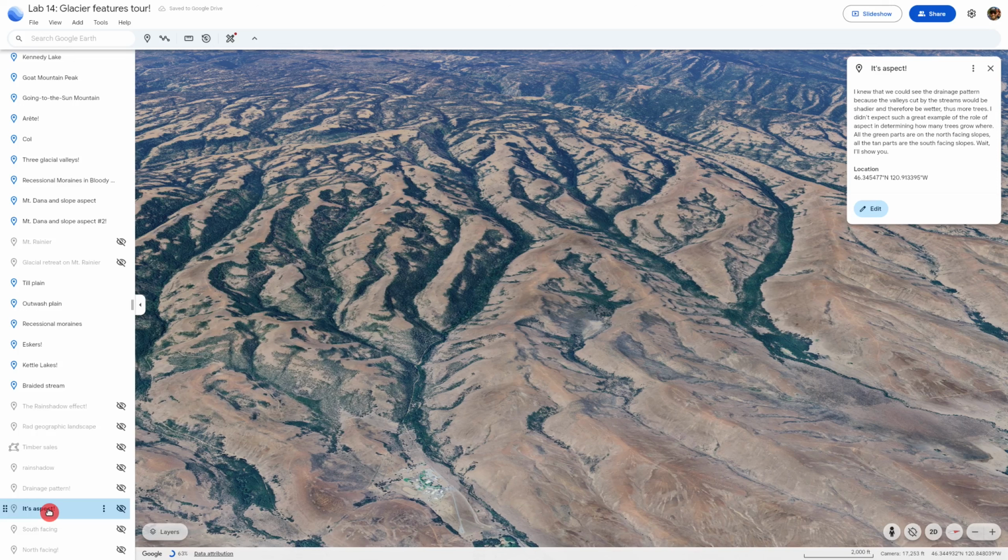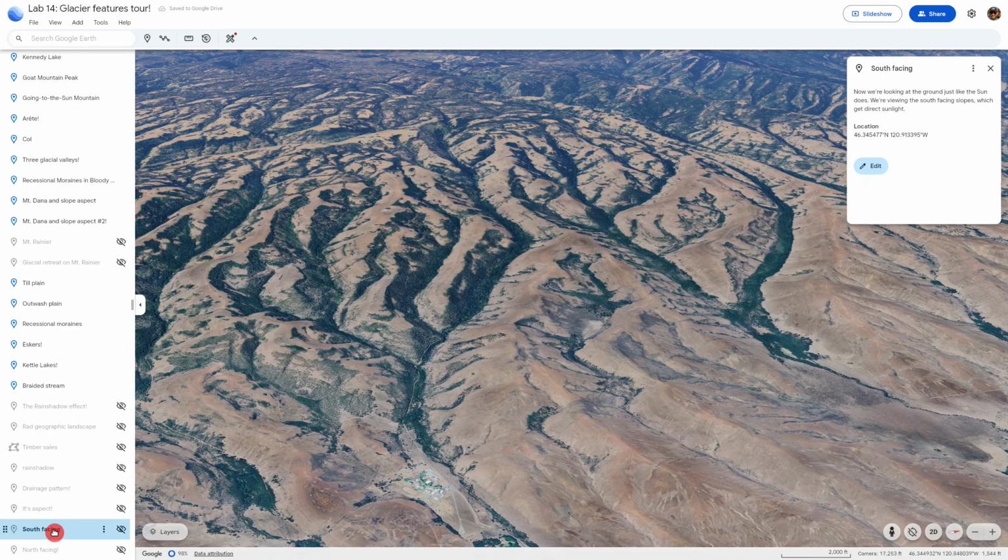And so this is a south-facing slope. It's getting direct sunlight. And this is a north-facing slope, and it's shaded. So all of this, north-facing, north-facing, north-facing. The north-facing slopes are shady, and the south-facing slopes are getting direct sunlight, and so they're drier with much less vegetation.